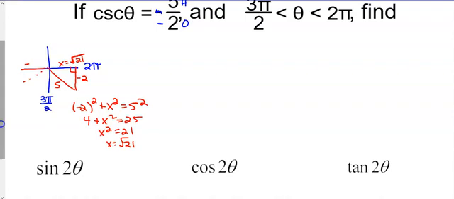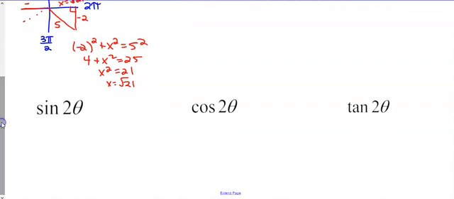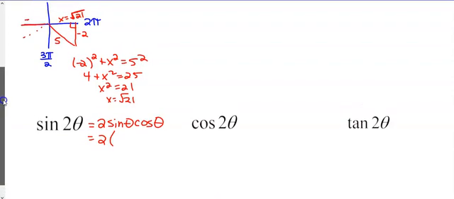Okay, so going through all of these once again. So sine 2 theta, I always like to start by writing down the actual double angle formula. So this one is 2 sine theta cosine theta, which in our case is 2 times sine is opposite over hypotenuse, so negative 2/5.